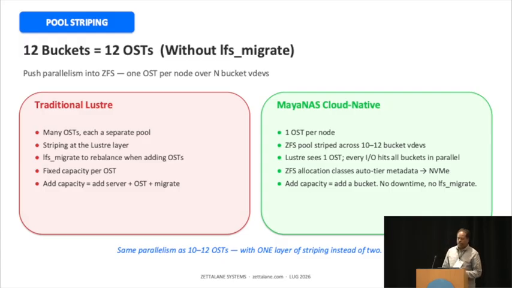So again, zooming into the buckets, they actually form the 12 OSTs inside. So you don't have to do any migration, no copy in, copy out, because the data is always on the object storage and accessed by ZFS.